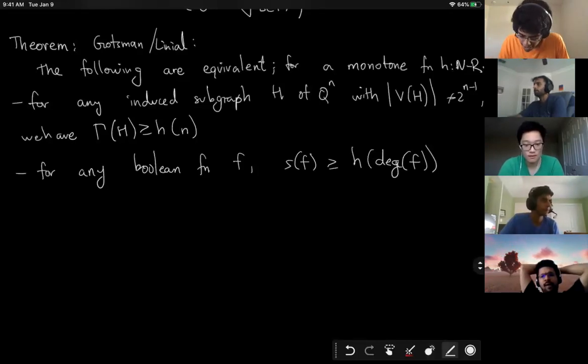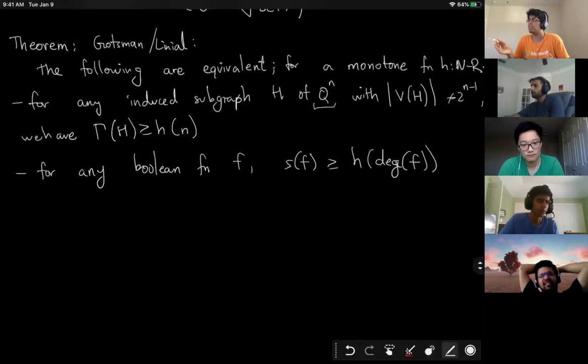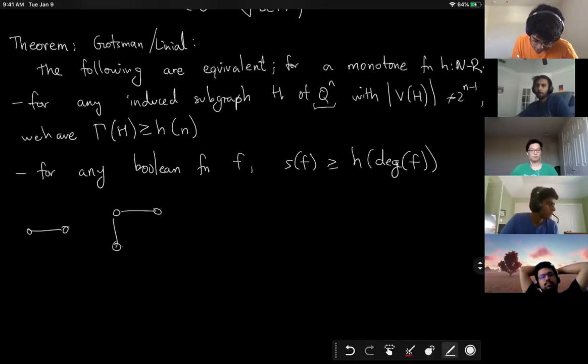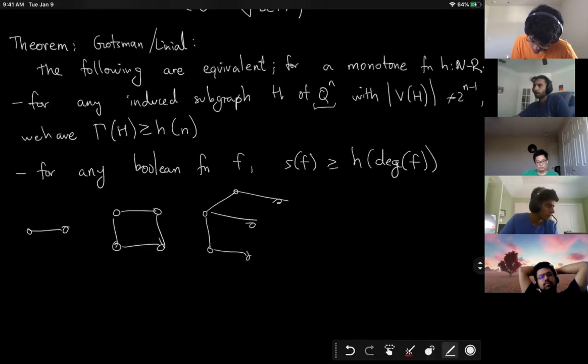Q^n is the hypercube, the n-dimensional cube graph. So it's the generalization of the cube. First you have the line, and then the square, and then you have your cube, and so on.